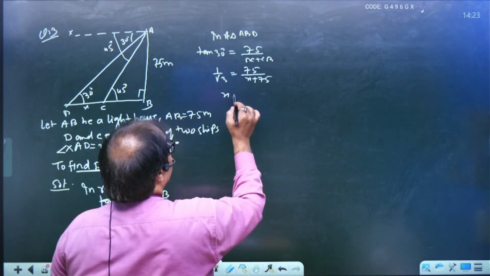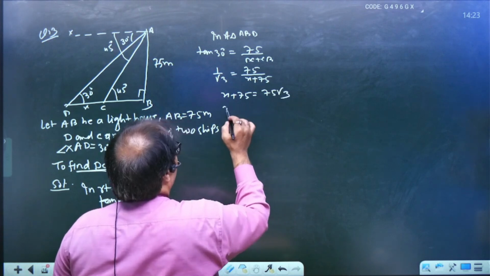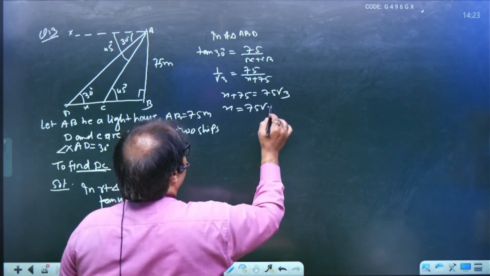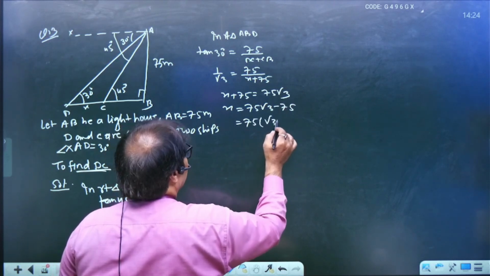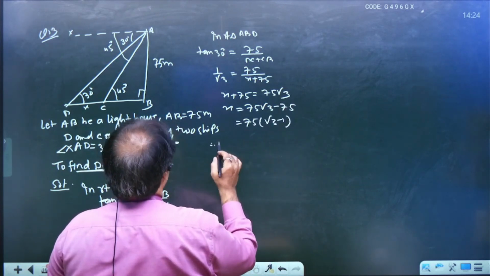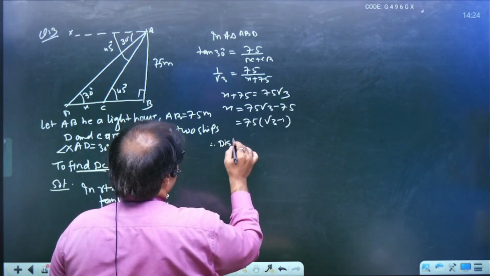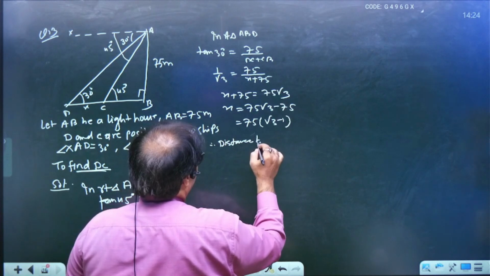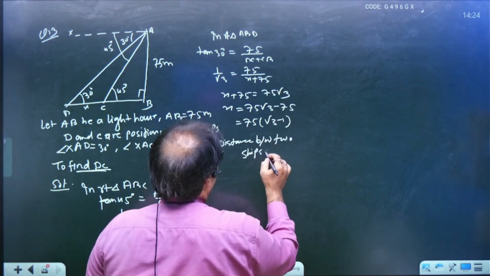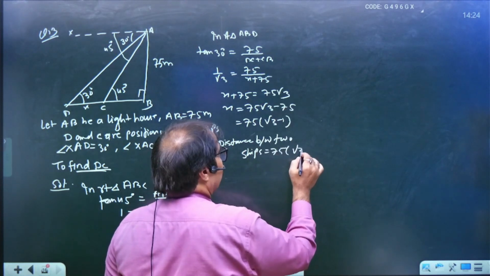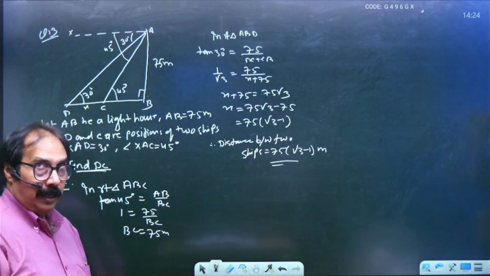And now by cross multiplication, X plus 75 is equal to 75 root 3. So X is equal to 75 root 3 minus 75. So take 75 as common. Now it is coming root 3 minus 1. So therefore, distance between two ships is equal to 75 into root 3 minus 1 meter. And this is the answer of question number 13.